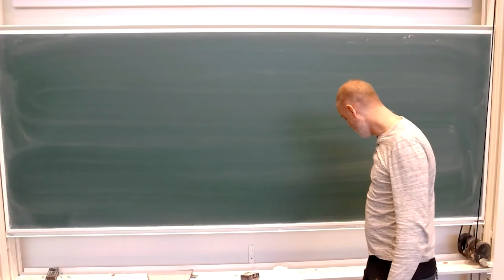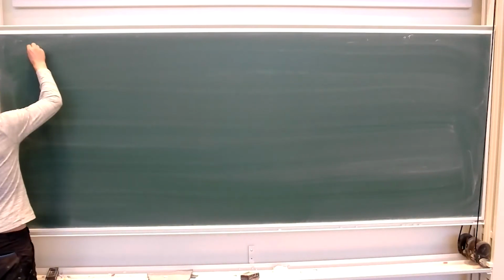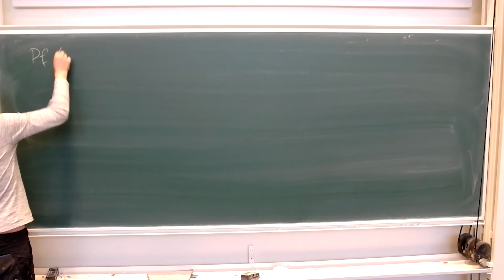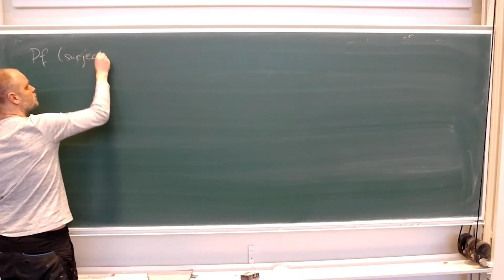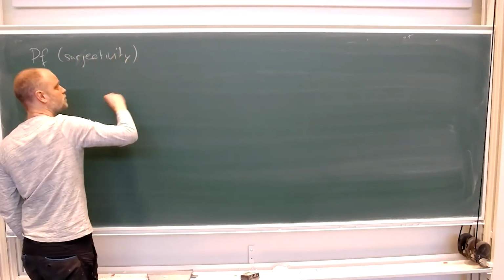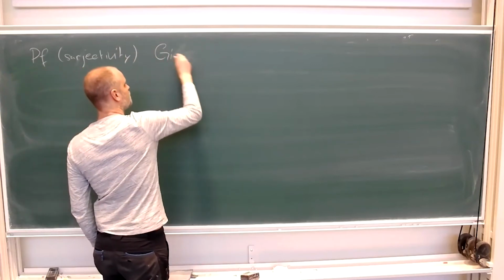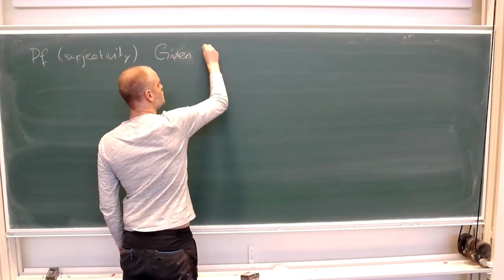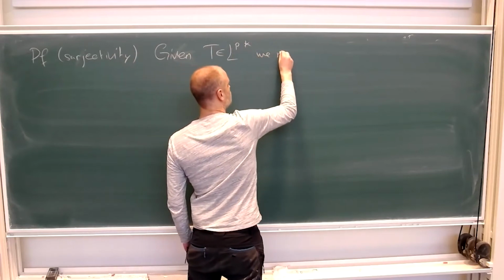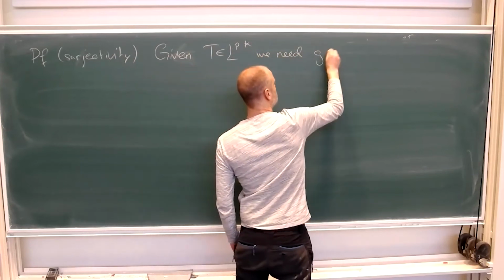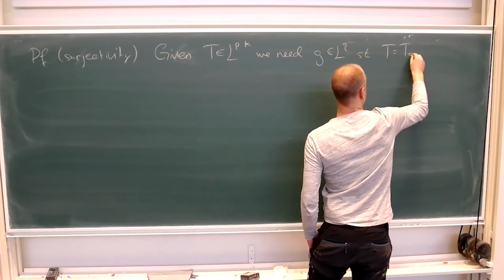So let me show you why we cannot do it really yet. Proof, surjectivity. Given T in (L^p)*, we need g in L^q such that T is equal to T_g.